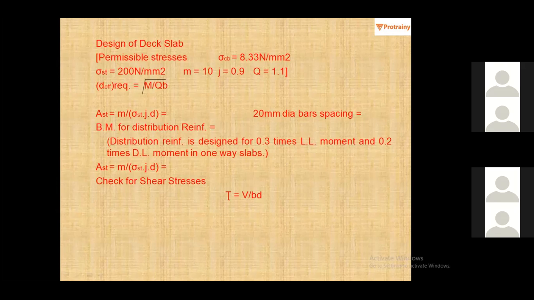Now we have the depth. Now you can find out the area of steel, then the area of steel for distribution moment. And after that, you have to go for the check for shear. This is how you do things.